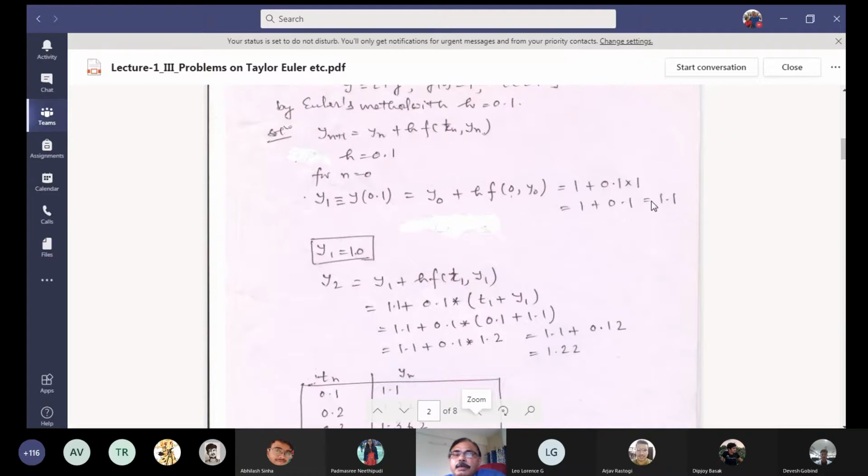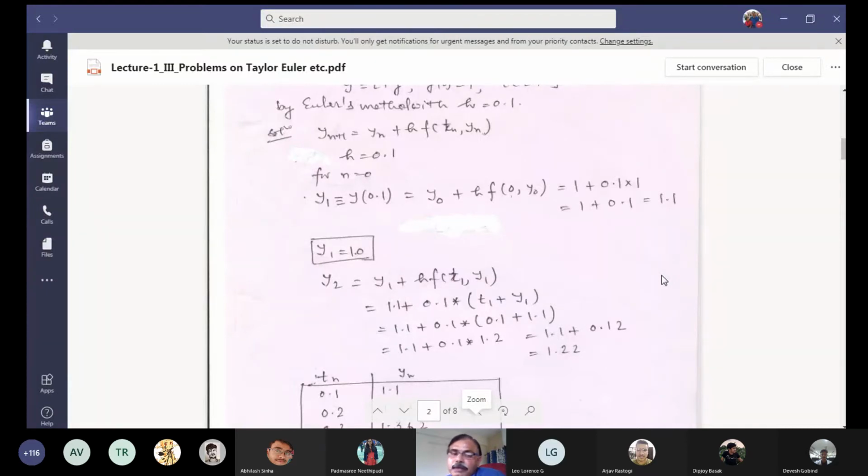So the next value will be 1.1. Is that clear? This step is clear to everybody? Yes, sir. Any query? No, sir.